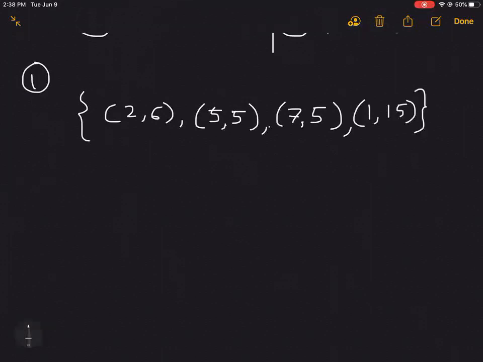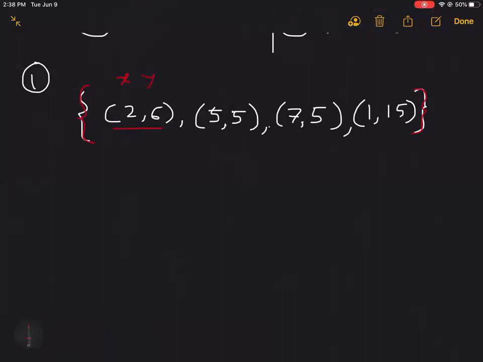Okay, so we need to check whether this relation given by this set, as you can see, this is a set, and of course previously we have seen this is an ordered pair.